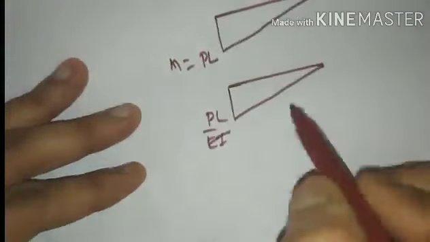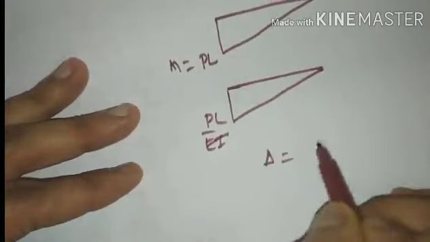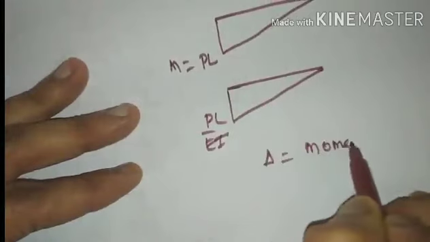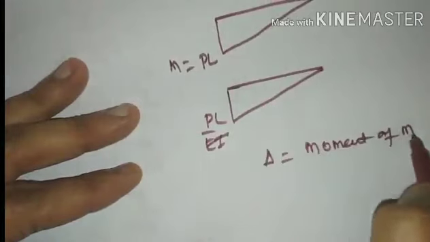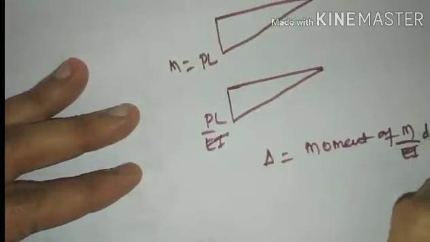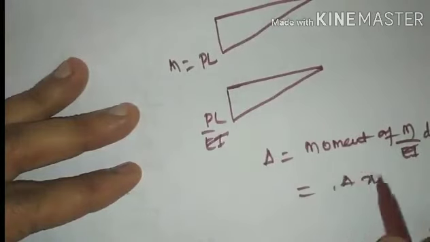Now to calculate deflection here, deflection was the moment of the M by EI diagram. Moment means area into X bar.